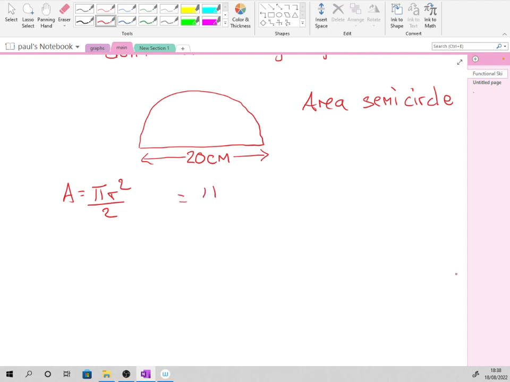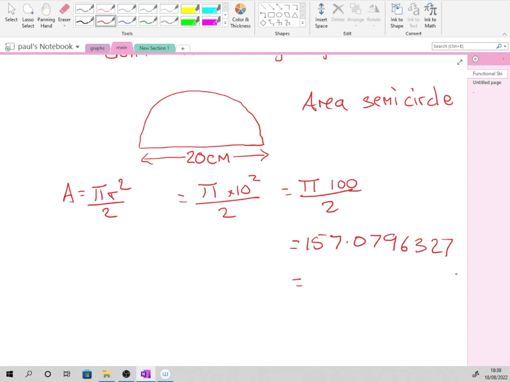So in here we're going to do pi, remember the radius is 10 now, 10 squared divided by 2, which equals pi times 100 divided by 2, so that will be shift pi times 100 divided by 2 equals 157.0796327.